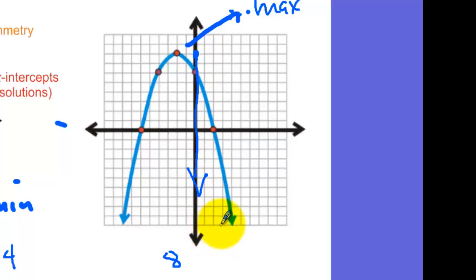So how are we going to describe all of these points? It will be y. All of these points are less than 8. But since this point is included, it's part of the graph, I should have a line under here. Okay?